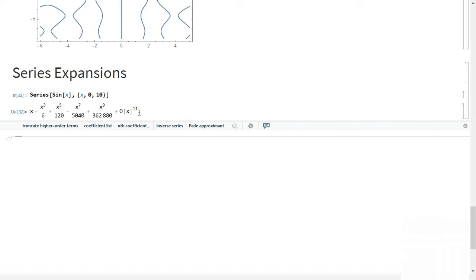So from 11, 13, all these higher order terms are truncated. And this is just 1 factorial, this is 3 factorial, this is 5 factorial, this is 7 factorial, and all that. Mathematica has put these values in for you.